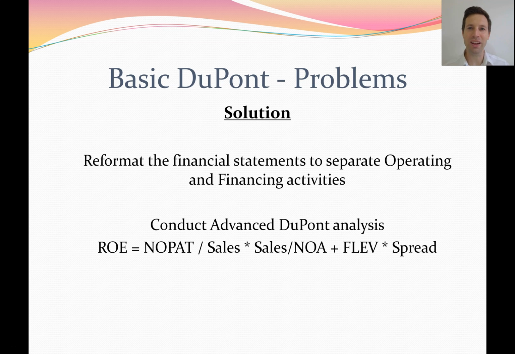And that means when we then do an advanced Dupont analysis using the reformatted financial statements, only operating transactions affect the operating ratios and only financing transactions affect the financing ratios. And then we can compare different businesses based on their operations or financing and have a much better understanding of the drivers of the firm's returns.